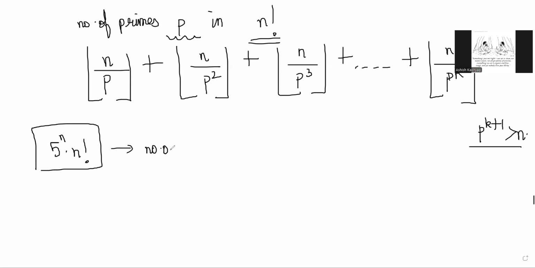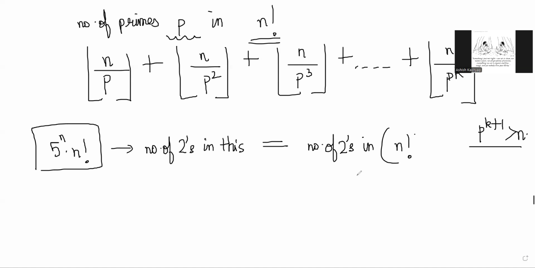The number of twos in this number will be the same as the number of twos in simply n factorial, right? Because 5 power n doesn't contribute any twos. It is just 5. So the number of twos in this number is the same as the number of twos in n factorial. Correct?